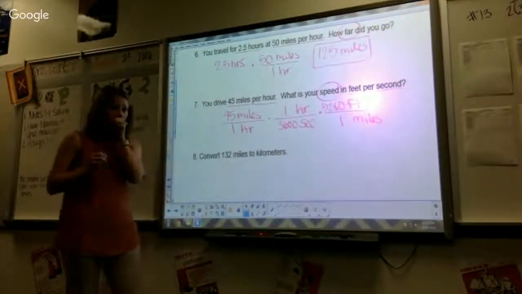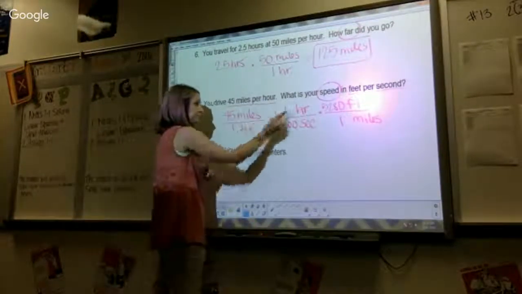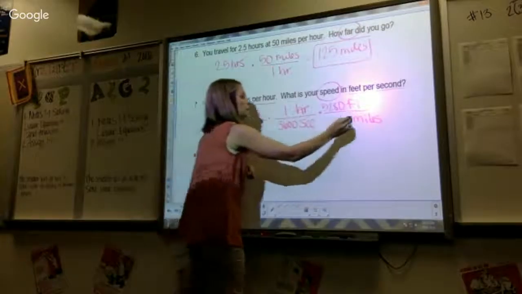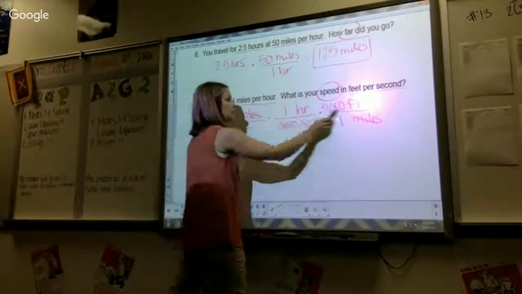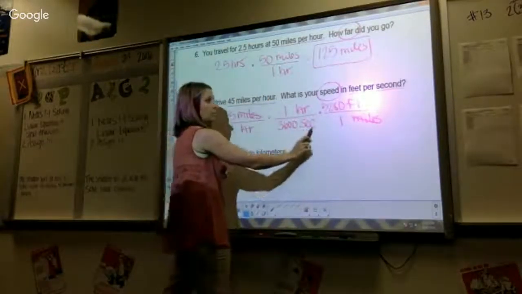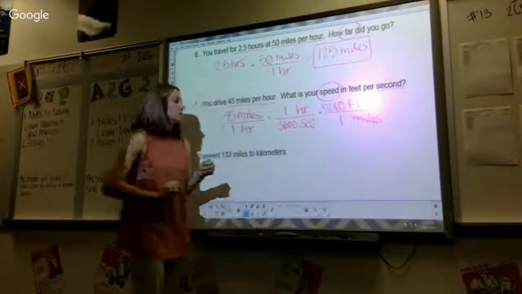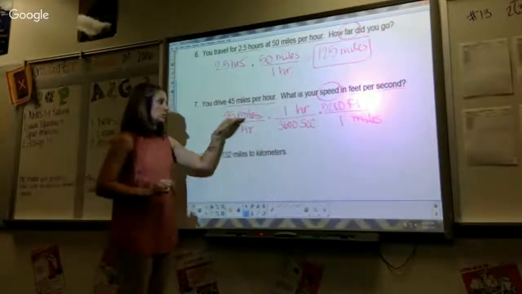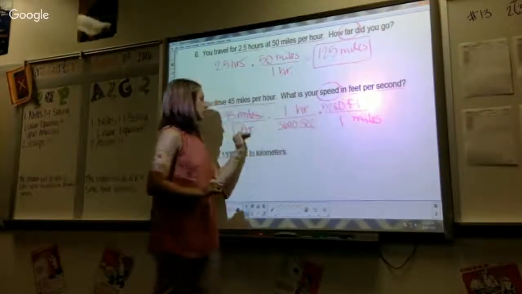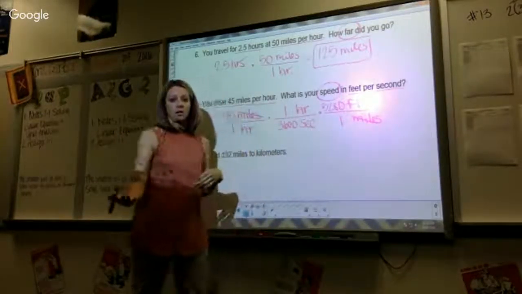Now notice that hours cancel here, miles cancel here, so your units on top will be feet and units on bottom will be seconds, which is what it says, feet per second. So now we're just multiplying fractions. We multiply all the tops together, multiply all the bottoms together, and then divide those two.